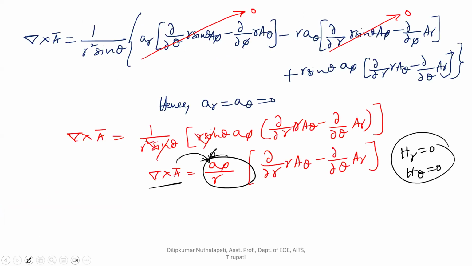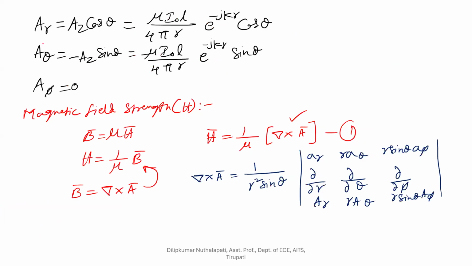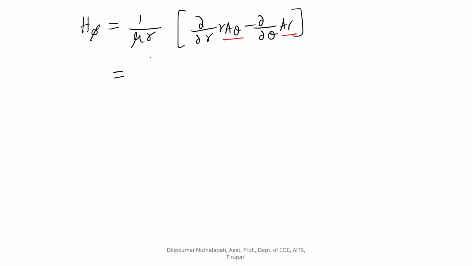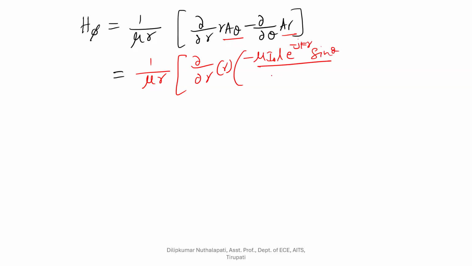We can copy and place them here, the A r and A theta components, in the magnetic field. So then we get 1 by mu r into dou by dou r of r times minus mu I naught L e power minus jkr into sine theta by 4 pi r, minus dou by dou theta of mu I naught L e power minus jkr by 4 pi r into cos theta.